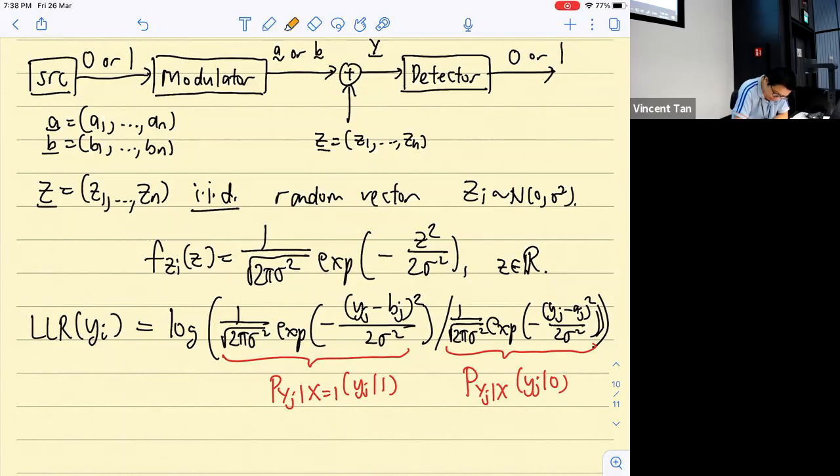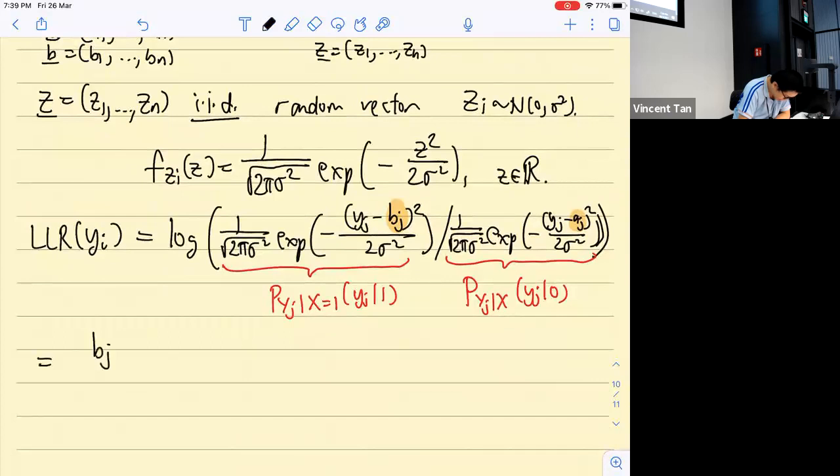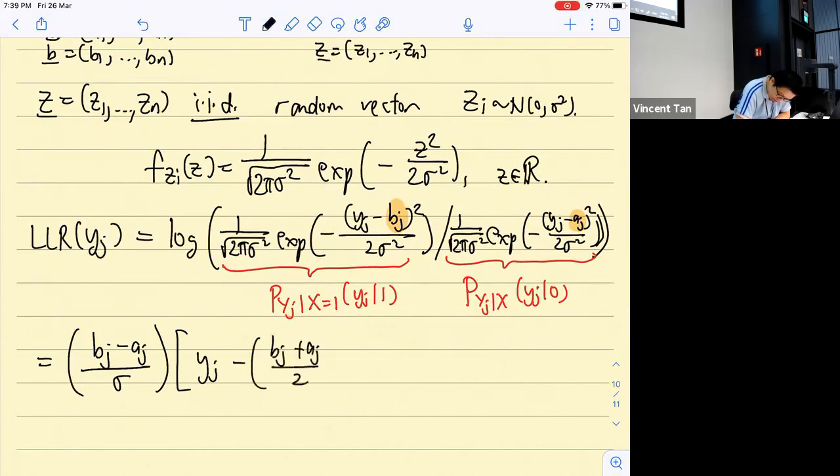Then in this case, you notice this is B and this is A. That's the only difference. Now, after a little bit of algebra that I will not go through, this can be simplified to bj minus aj over sigma squared times yj minus bj plus aj over 2.